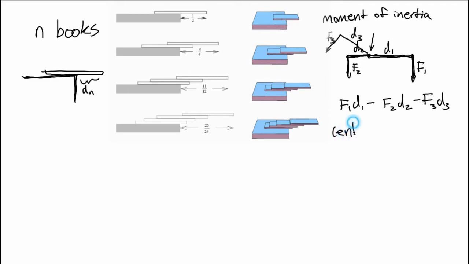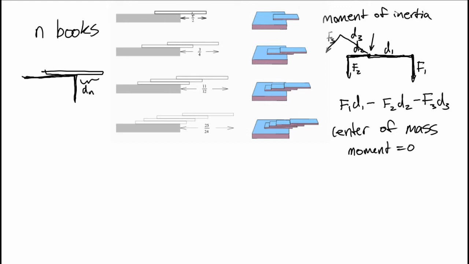The center of mass is a point at which the moment is 0. So moment equals 0. We have to keep that in mind, because in this question, we want to keep the center of mass directly over the table's edge.